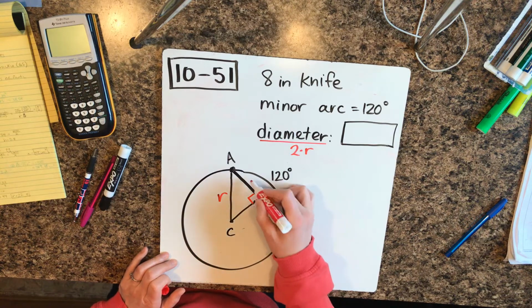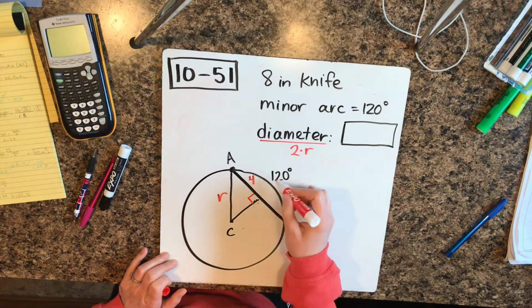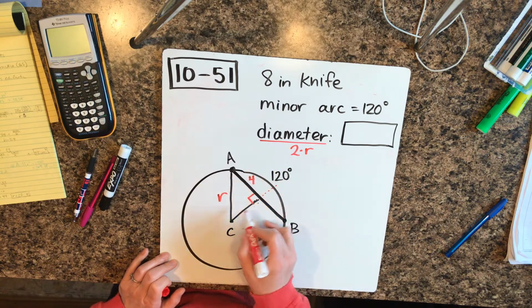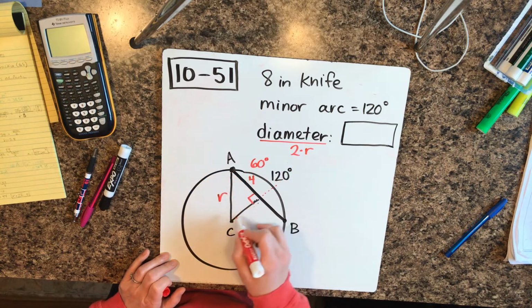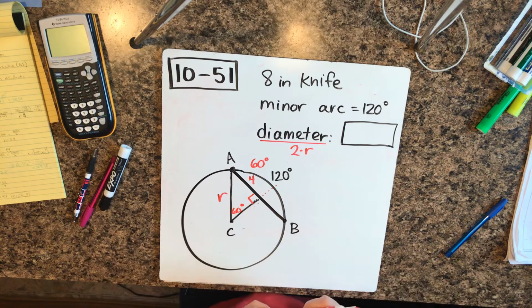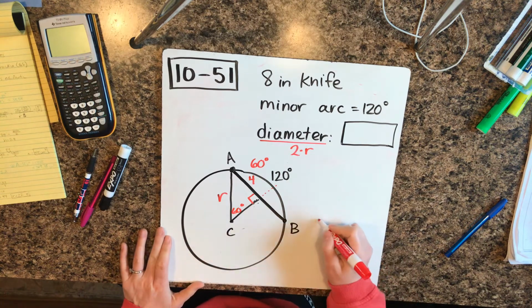So instead of 8, this is 4, and instead of 120, this arc is 60 degrees, and because this is a central angle, the central angle is 60 degrees. Okay, so I have a right triangle.